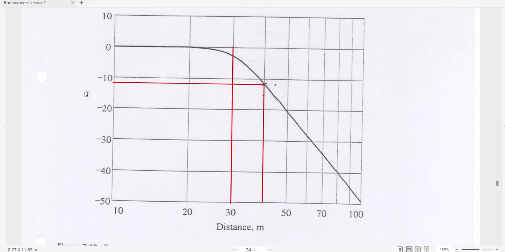And at 100 meters, the loss is very close to 50, it is minus 49.5.